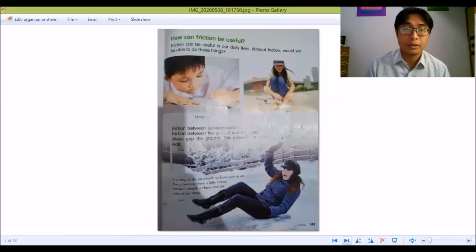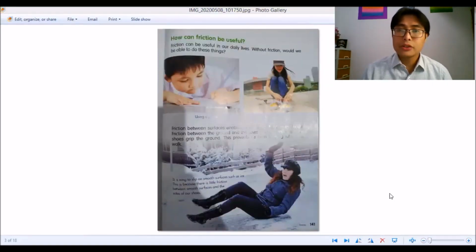Okay. So how can friction be useful in our daily lives? So friction can be useful in so many things by holding and gripping things. So for example, using a pencil and tying a shoelace.